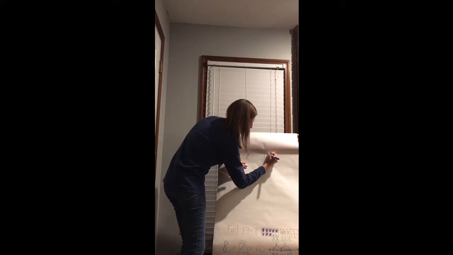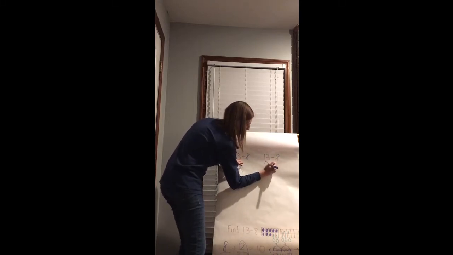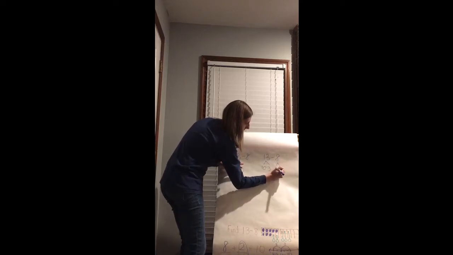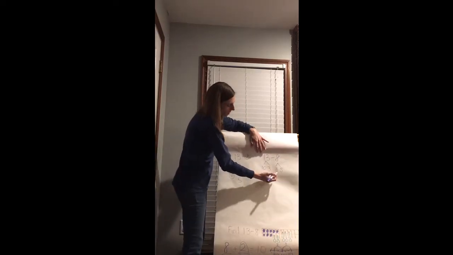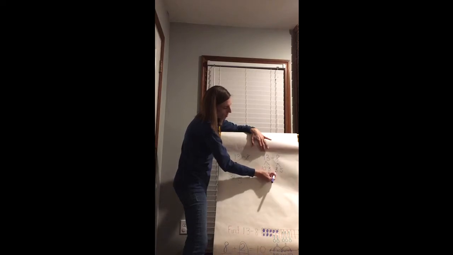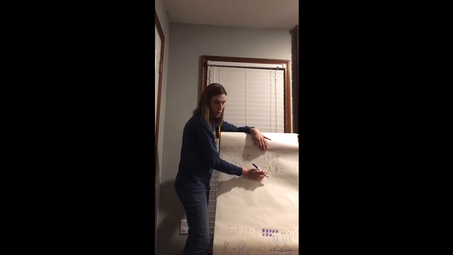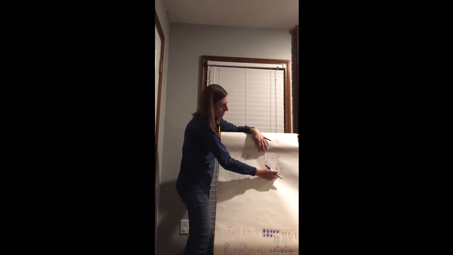Another way they might do it is to decompose both numbers. So they may say that 13 is 10 and 3, and 8 is 3 and 5. So I'm going to take my 3 away right here from the 13. So I'm going to use this 3 from the 8 to take away the 3 from the 13, and that leaves me with a 10 minus the 5.